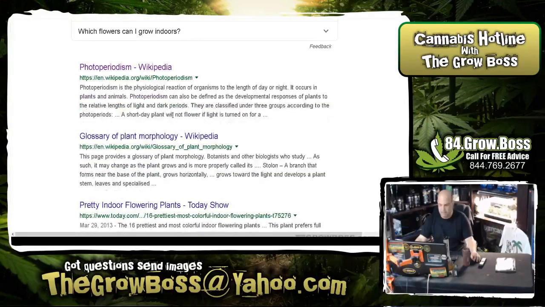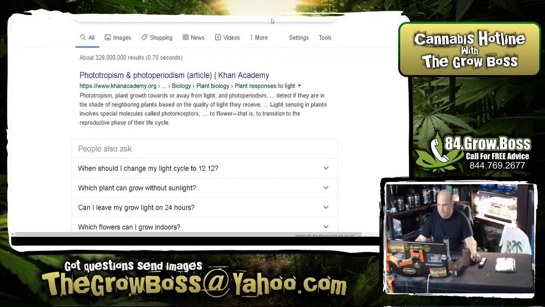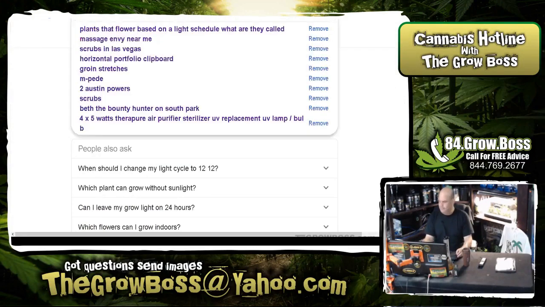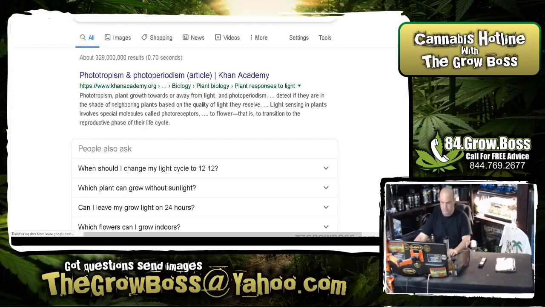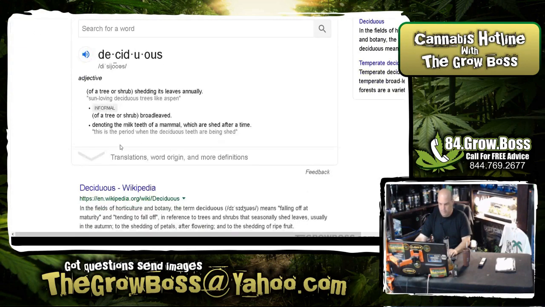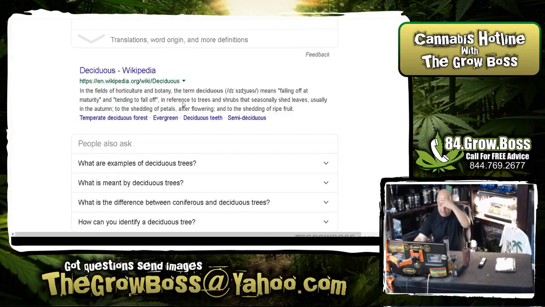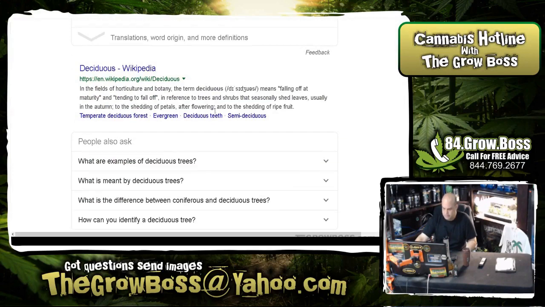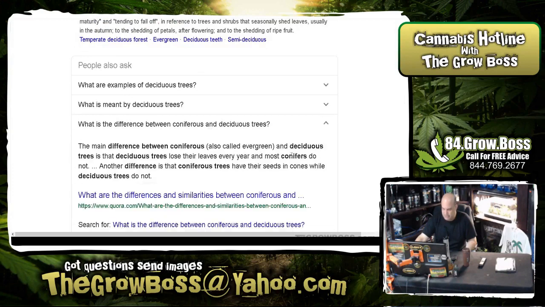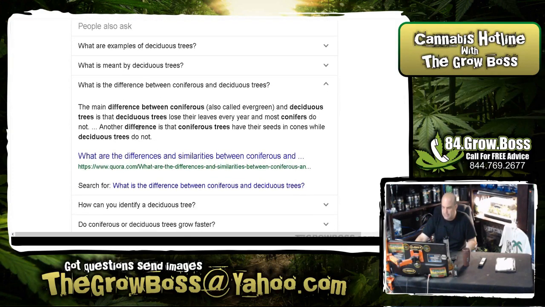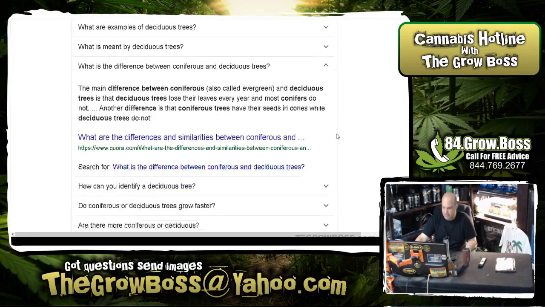That's not the word I'm looking for, though. Shedding its leaves annually, deciduous. Conifers and deciduous trees. Deciduous trees lose their leaves every year. Conifers do not.